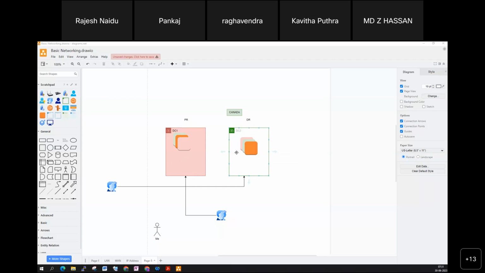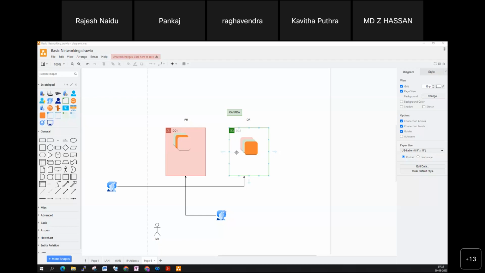Latency. Guys, most of the people have an idea about latency. Let me tell you, for those who don't know: latency is about communication speed. If the communication speed is reduced, you get high latency. High latency means you'll get connectivity issues and performance issues.